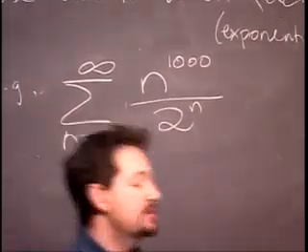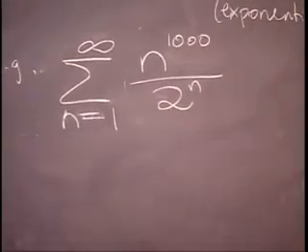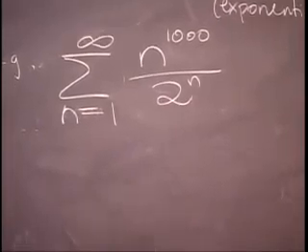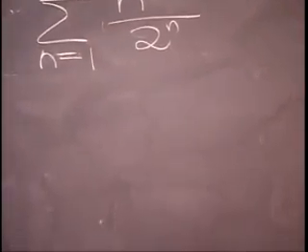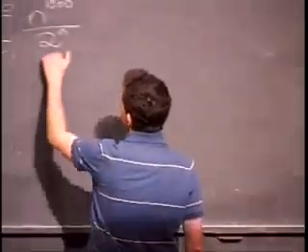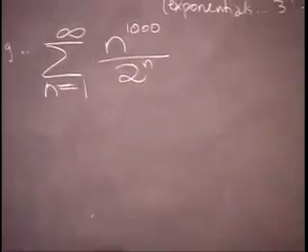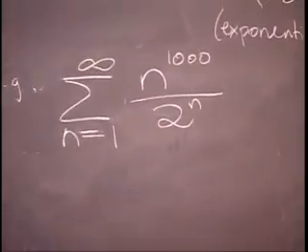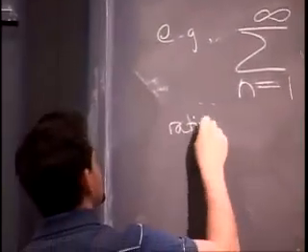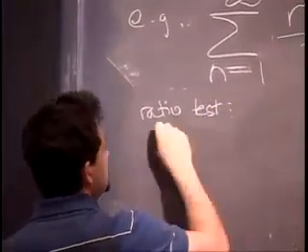Actually, you can use the regular comparison test to do this problem, and maybe, if I remember, we'll see how to do this next time. However, let's try to use the ratio test. As I said, this exponential here, 2 to the n, should be friendly. So here's how I'll set it out. I'll write down the words ratio test so that it's very clear that that's what we're starting to apply.